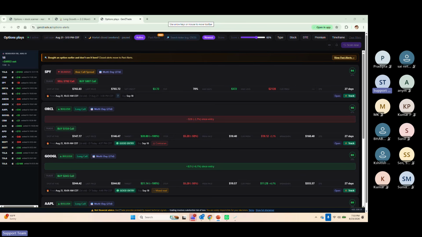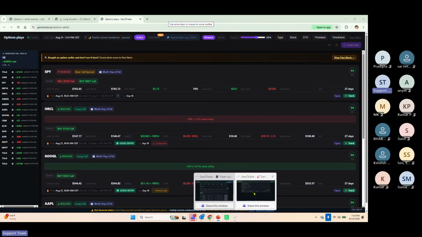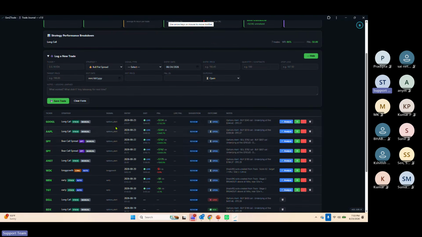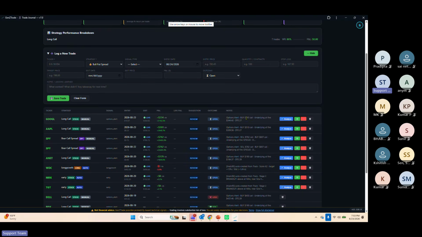Is there an expiry date shown in the journal view? That is not needed. But okay, this is the entry. By 3:45 call, you see DT is 27, right? That's a good point that you asked.